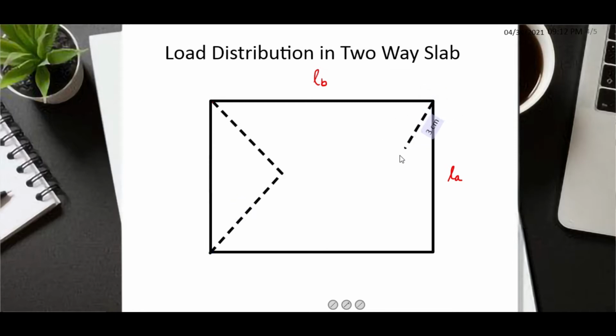Same from these corners. And then we need to join these. Now these four portions represent the distribution of load along the edges.